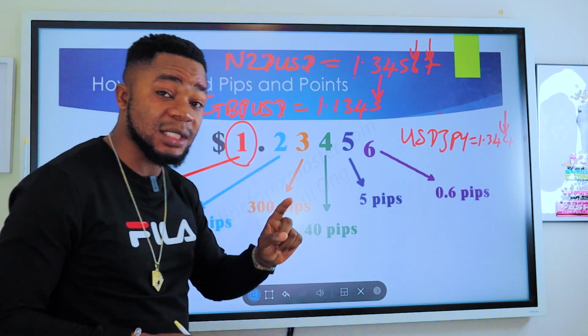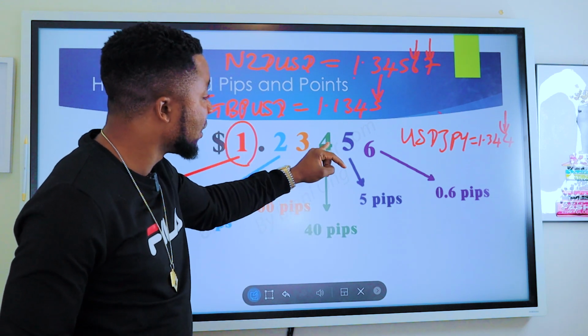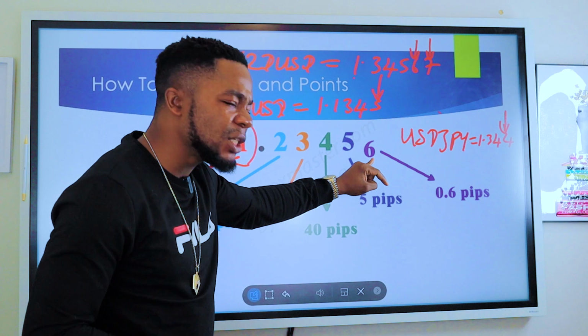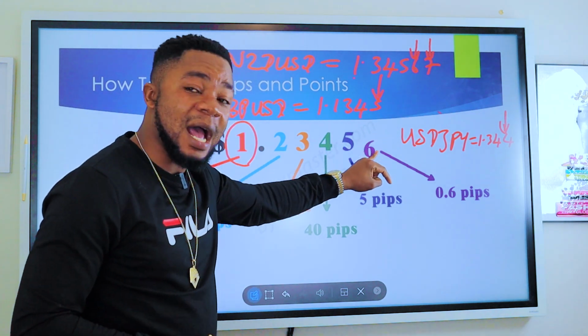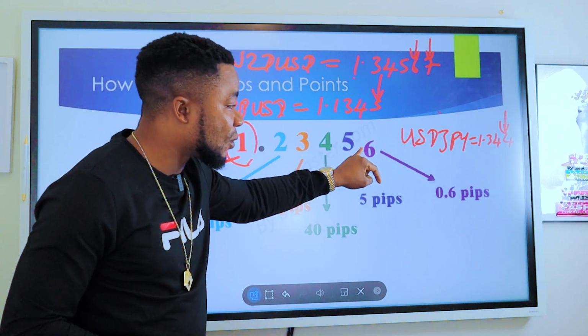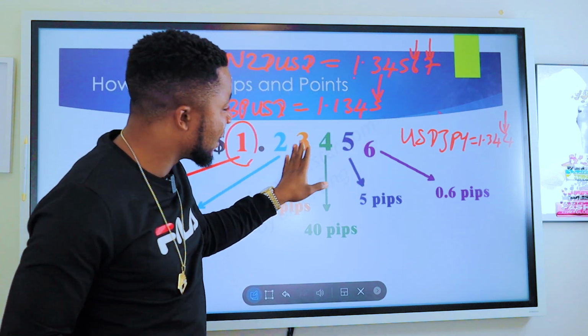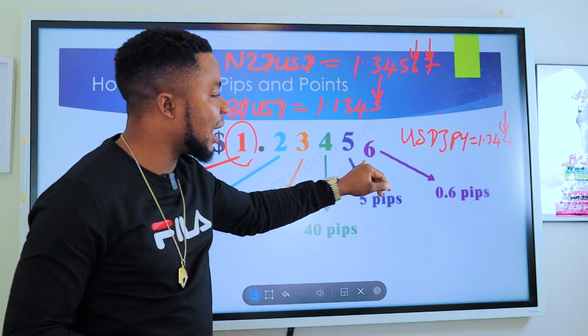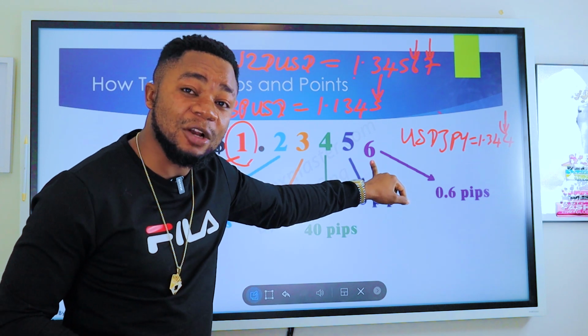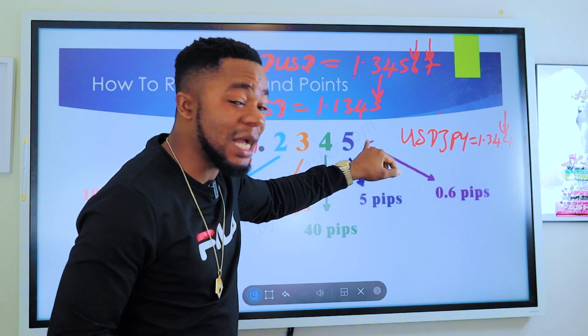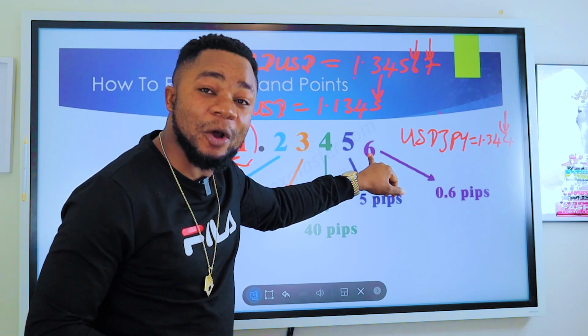After this digit, how many decimal places do we have? We have 1, 2, 3, 4, 5. Since we have 5 decimal places after the digit, the last one should be what? Remember from our explanation, once we have 5 decimal places, the last one becomes a point instead of a pip. So this 6 becomes a point. So this one is 6 points.